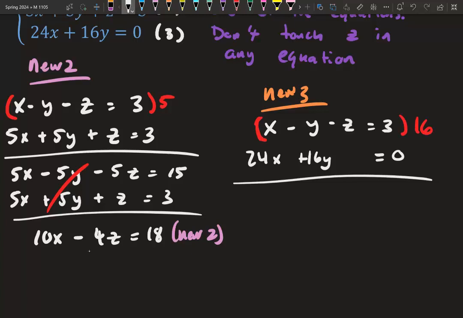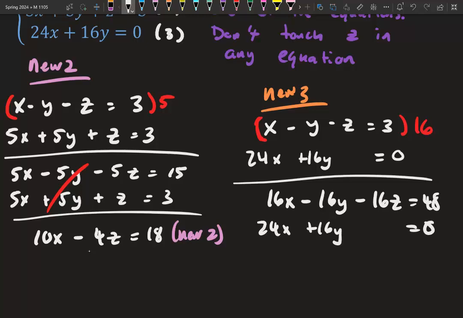And when we do, we'll have 16x minus 16y minus 16z equals 48. And on the bottom, we have 24x plus 16y equals 0. Our y's cancel, that was the goal, sweet. We got 16x and 24x, that's 40x.